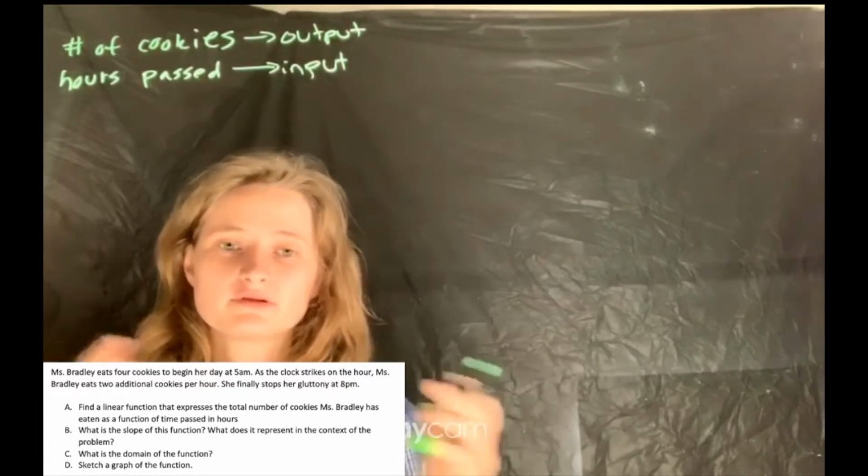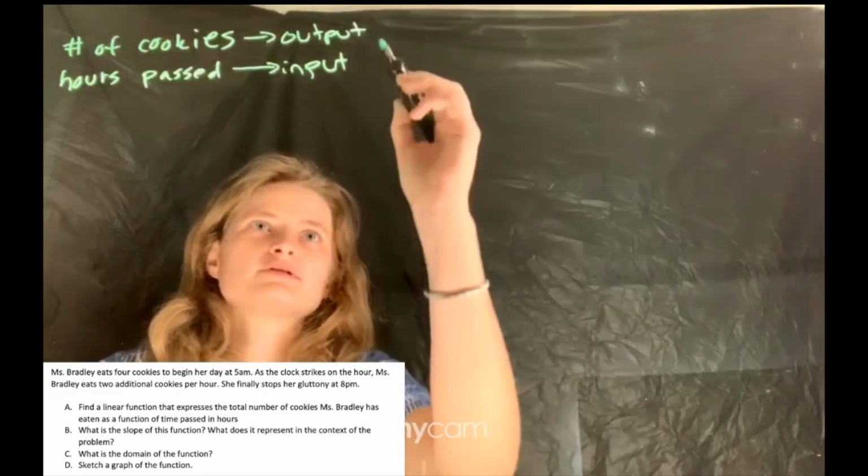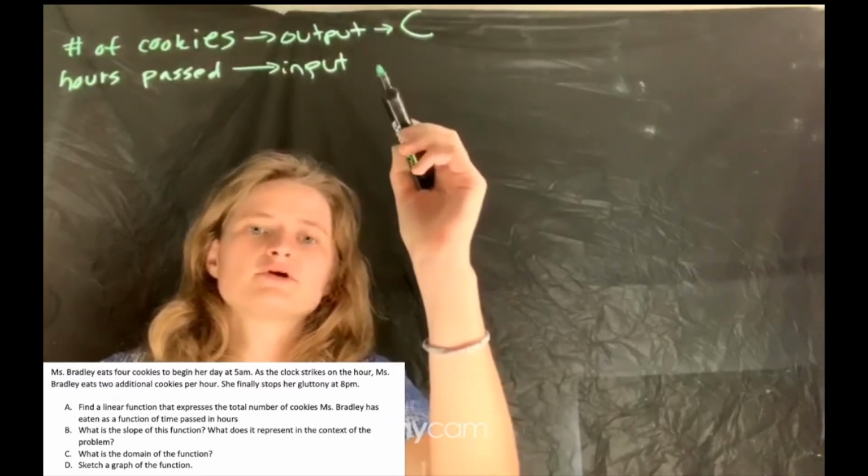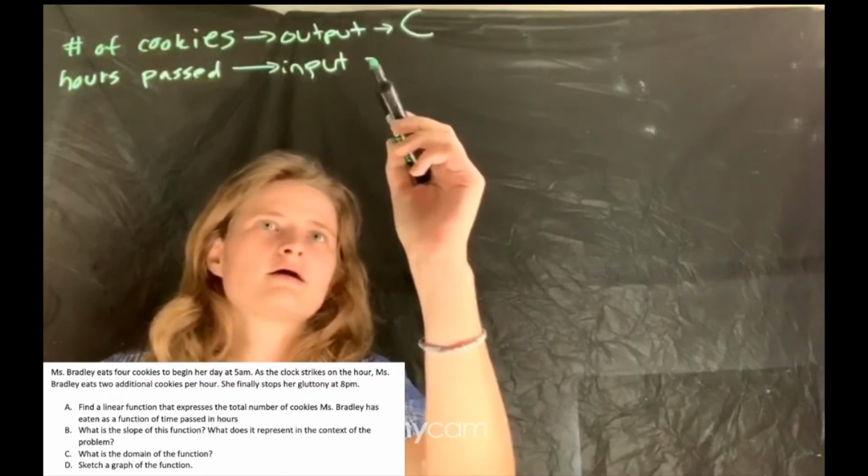If it was the opposite, where we were looking for the number of hours passed given the number of cookies eaten, then these would switch. Number of cookies would be the input and hours passed would be the output. However, because the question is looking for number of cookies as a function of hours passed, number of cookies would be the output. So I'm going to symbolize number of cookies with capital C as a variable and hours passed as h, lowercase h.